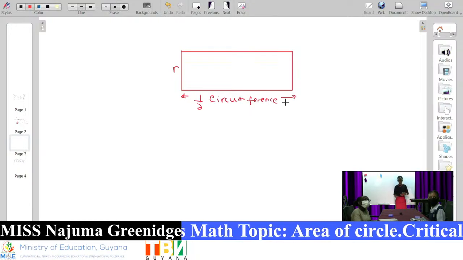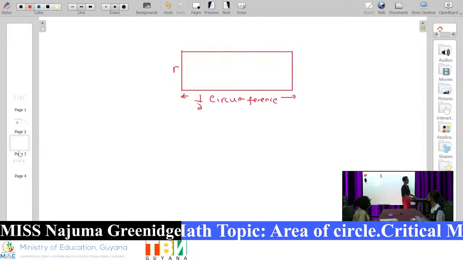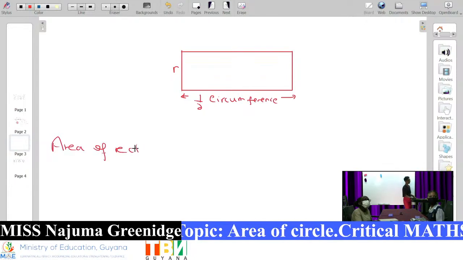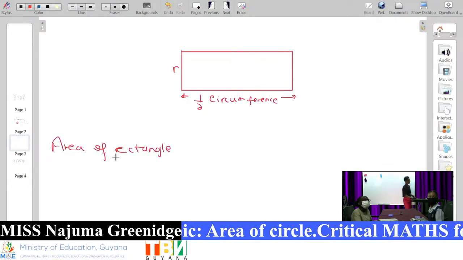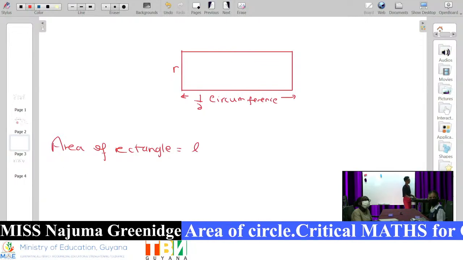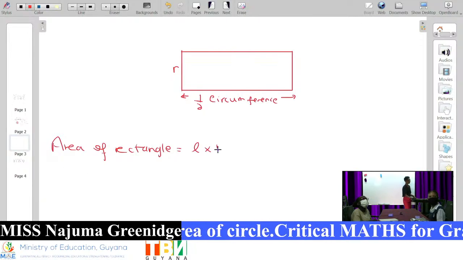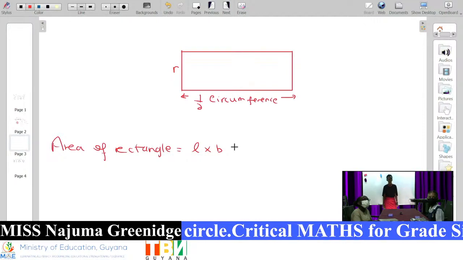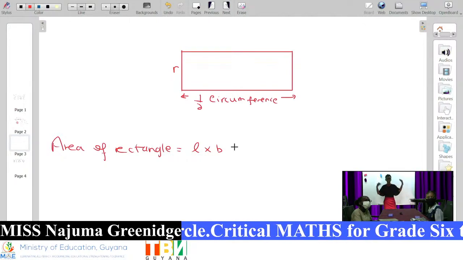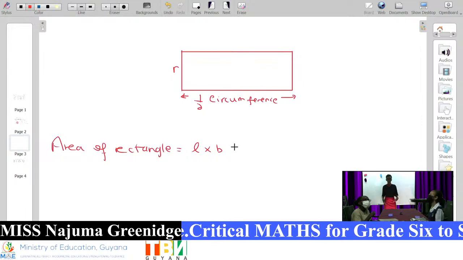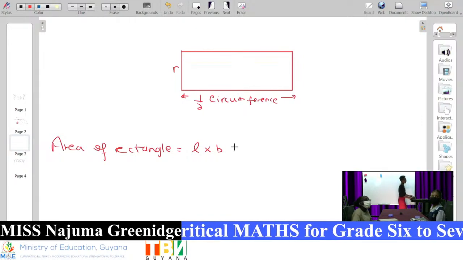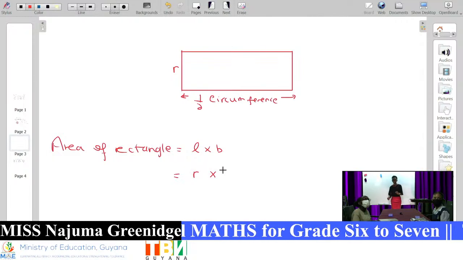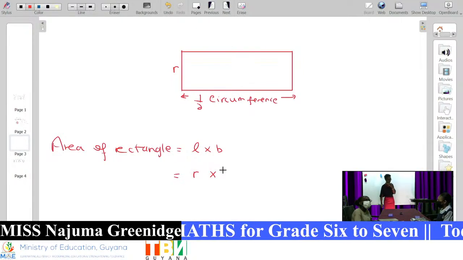So how do we find the area of a rectangle? So area of rectangle equals length by breadth, or length by width. Good. So what is our length in this particular rectangle? How high is that thing? R. So it's R. And what is our circumference? How did we represent circumference the last time?